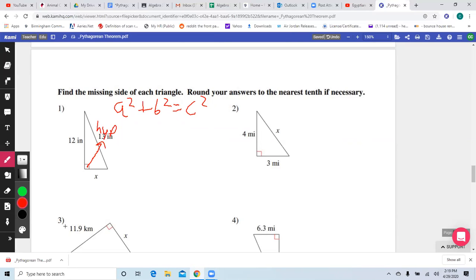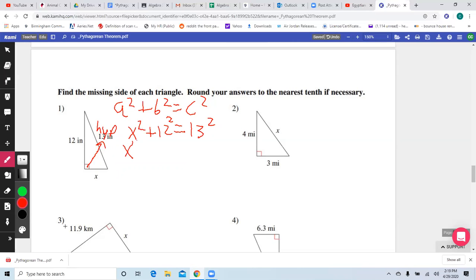Okay? So if I do x squared plus 12 squared is equal to 13 squared. So you see, that's all I did. I just plugged in my numbers to where they belong. 13 is the hypotenuse, so it's C. I plugged in x for A, 12 for B. If you plug in x for B and 12 for A, you would still get this question correct.